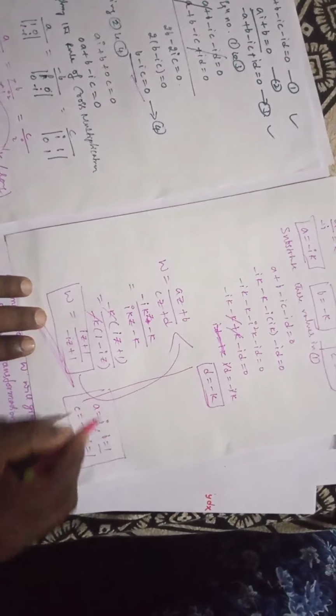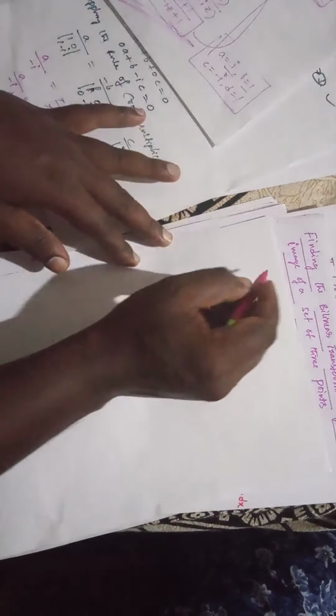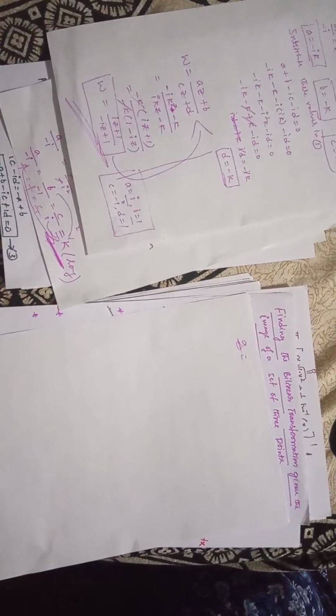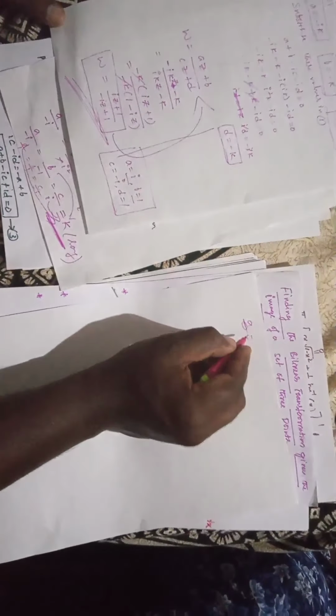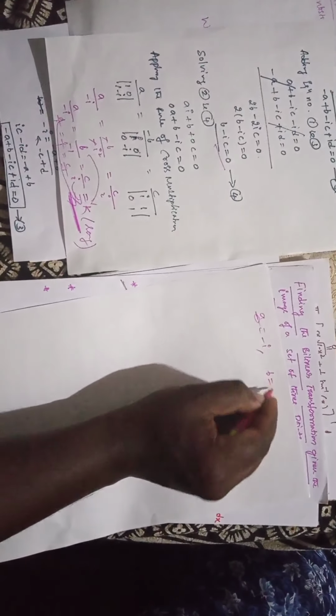If we substitute that, here from this ratio, take a equal to minus i, b equal to minus 1, c equal to i.